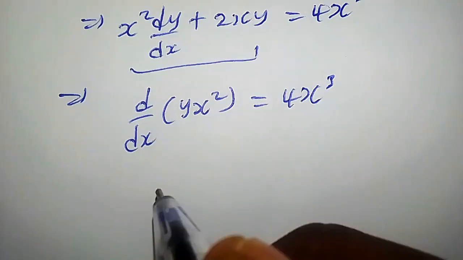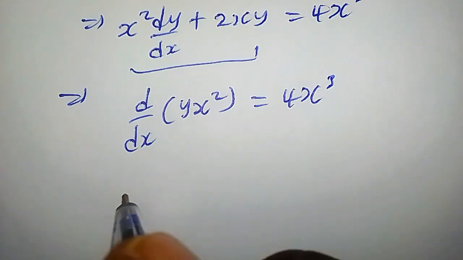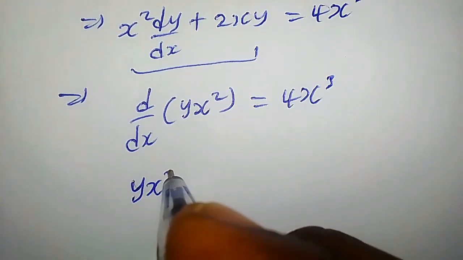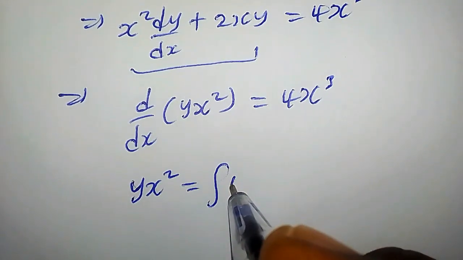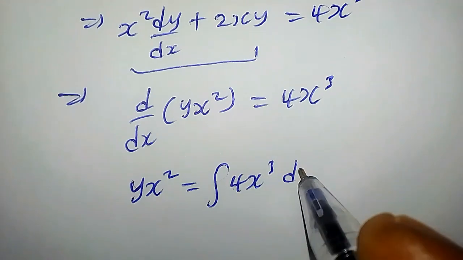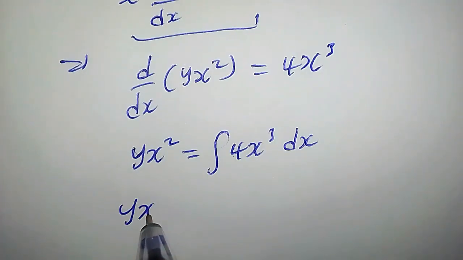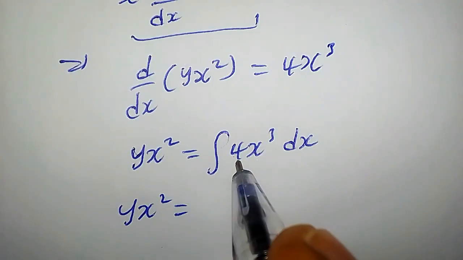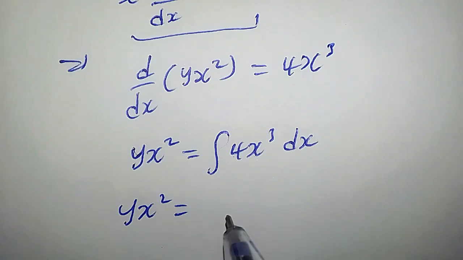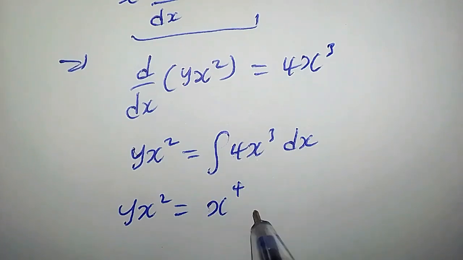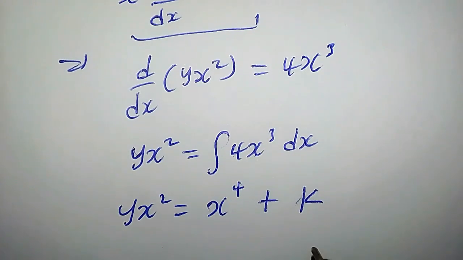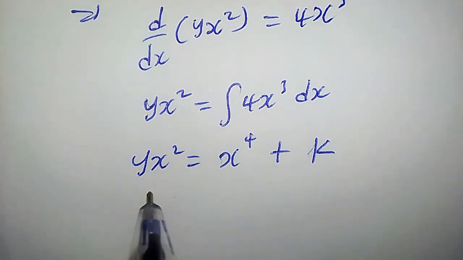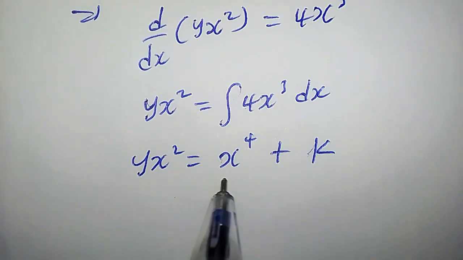Let's continue. Integrating both sides with respect to x, we have yx squared equal to the integral of 4x cubed dx. yx squared is equal to integrating 4x cubed with respect to x, that gives x to the power of 4 plus k, the constant of integration. Now, let's simply divide both sides by x squared.